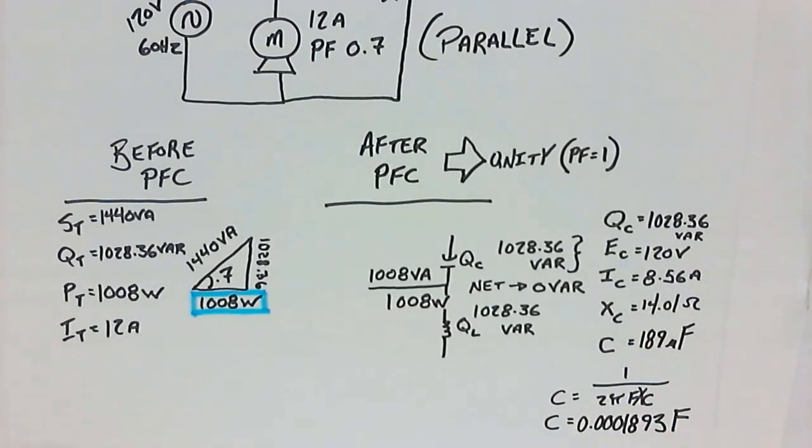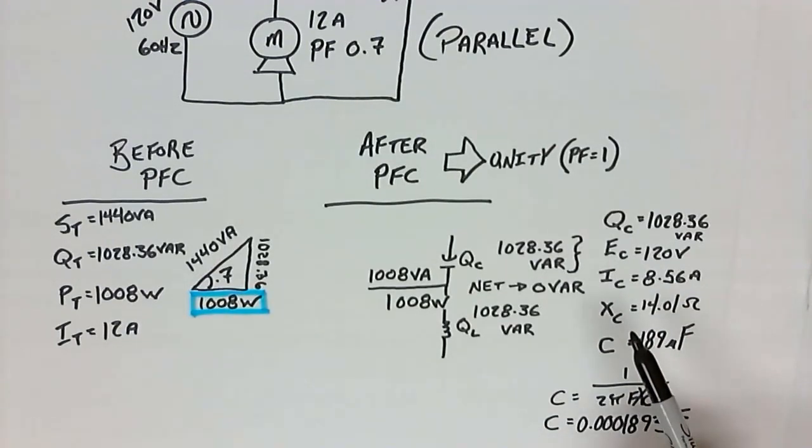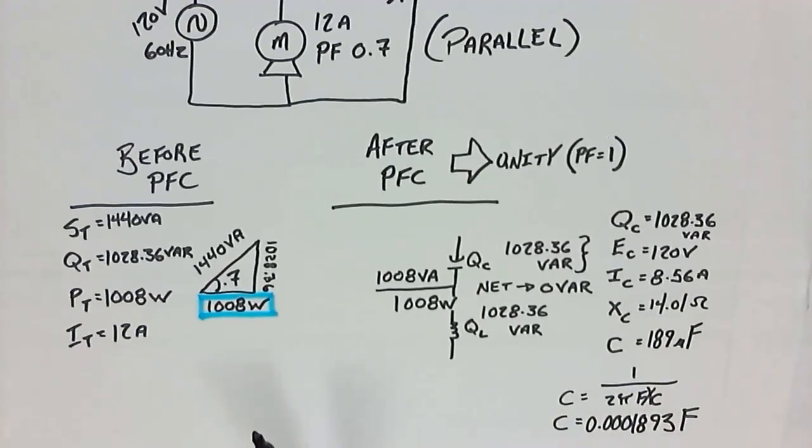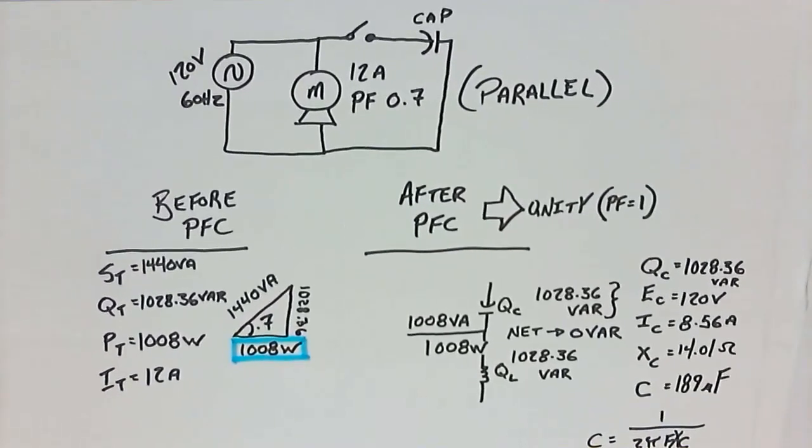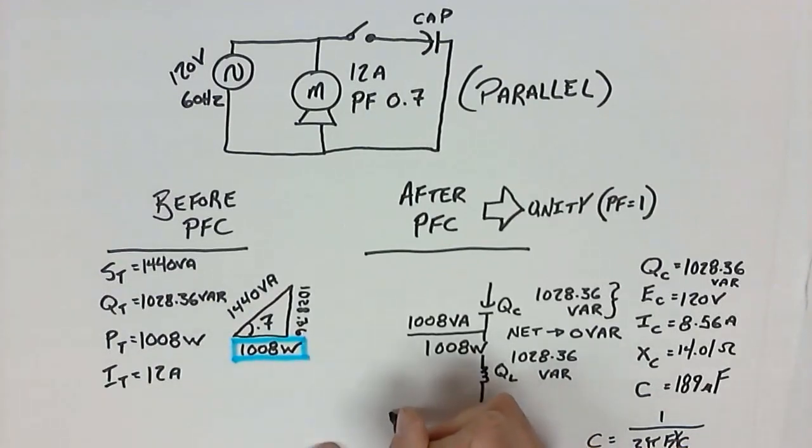So we worked out everything to do with the capacitor just there, but the capacitor aside, I mean, we worked out originally what are S total, Q total, P total, and I total. And we've worked out everything except for I total. So what would the I total be of this circuit after power factor correction?